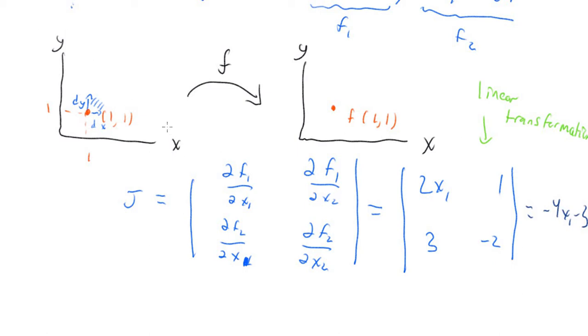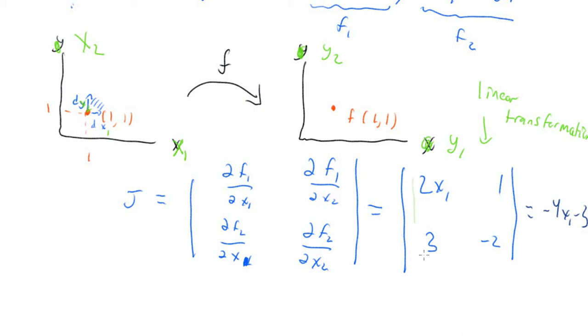I'm going to relabel this: this is x1 and this is x2, and this should be y1 and this y2. That's going to be much easier. So this should be dx1 and dx2.